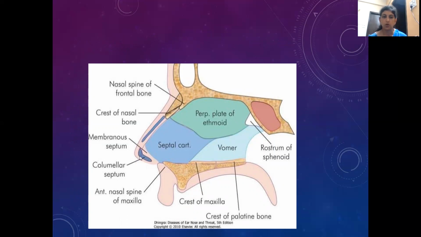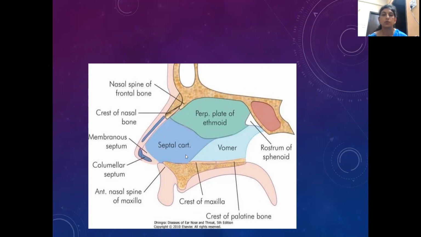This is the columellar septum, which is formed by the medial crura of the alar cartilage. This is the membranous septum in between the columellar septum and the septum proper, which is devoid of any bone or cartilage, simply bounded by two layers of skin.